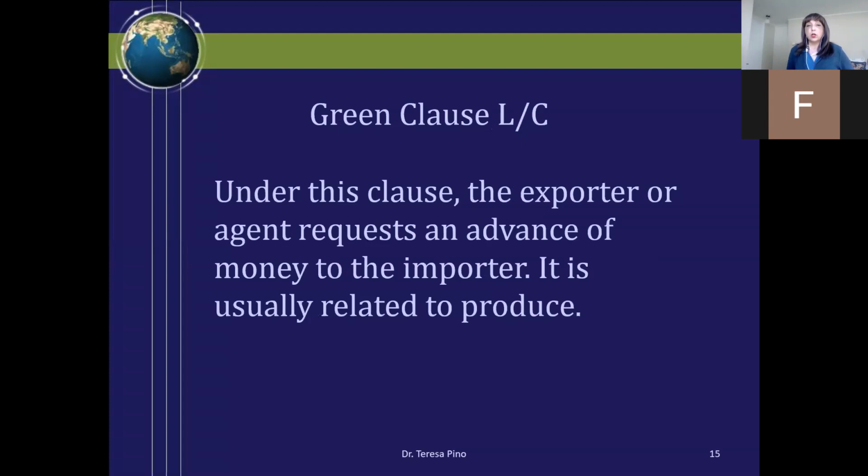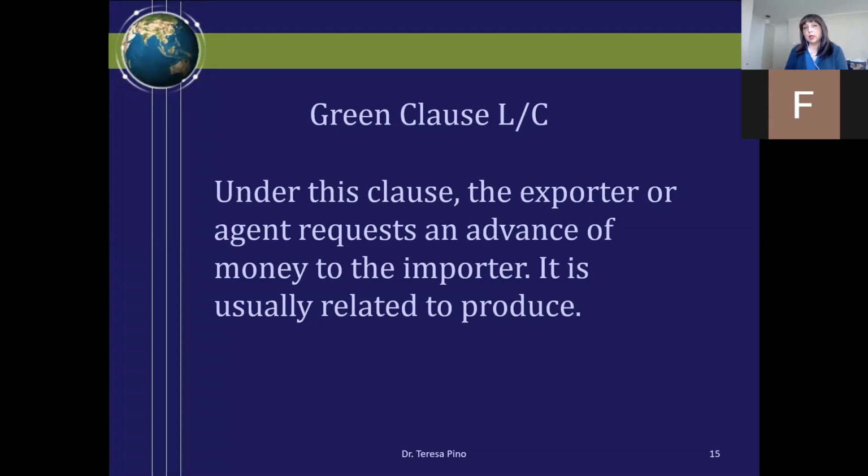And we have the green clause letter of credit. The green clause was created for farmers, for people selling produce. Produce is not product. Produce is related to flowers, fruit, and vegetables, and lumber. So they were waiting for the harvest, and the merchandise was already promised.